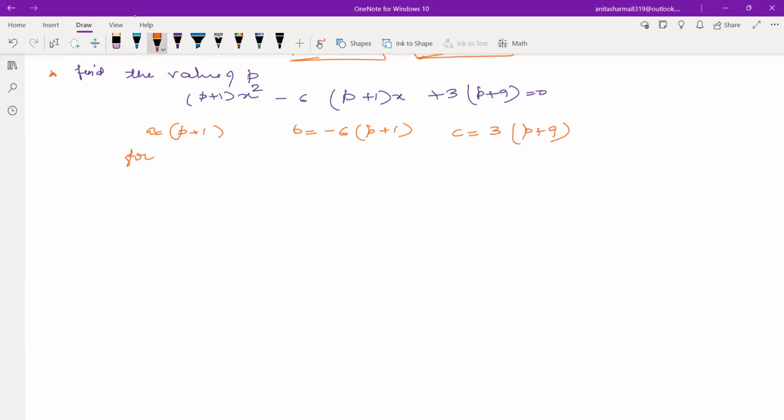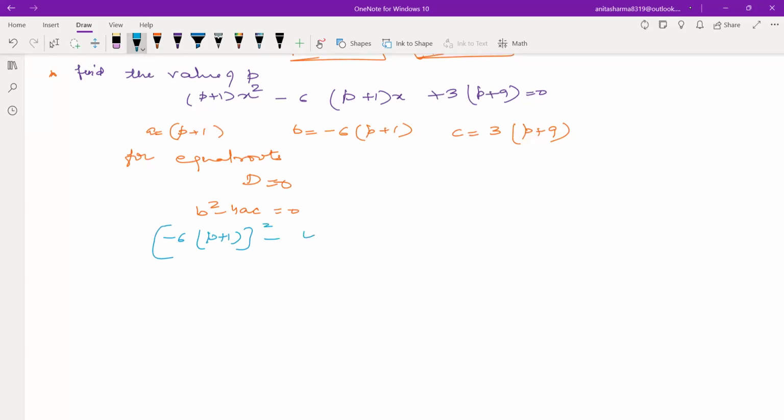Okay, let's check. So for equal roots, your discriminant should be equal to 0, right, beta? So b square minus 4ac should be equal to 0, right? Now put the value of b, P plus 1 whole square.